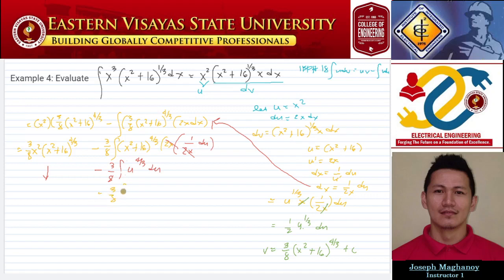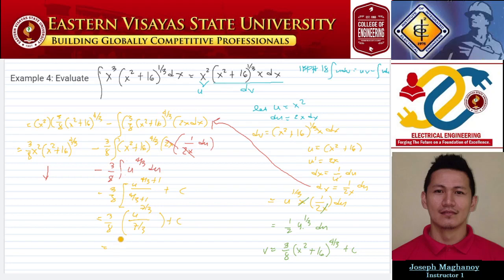So 3/8 u to the 4/3 plus 1 over 4/3 plus 1 plus c. So that is 3/8 u to the 7/3 plus c.